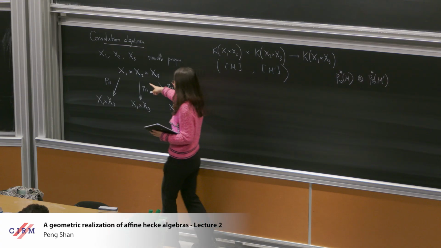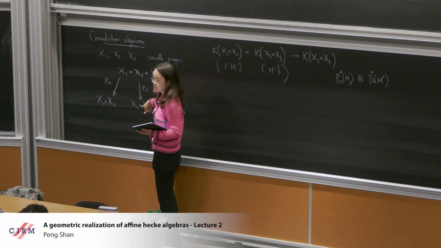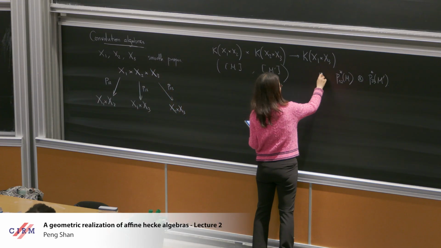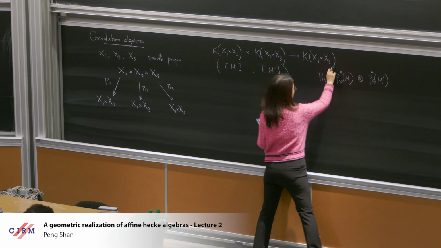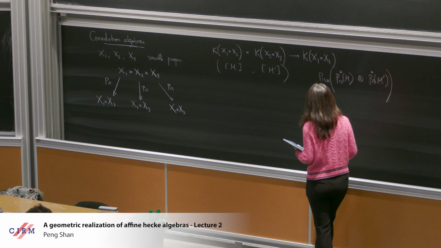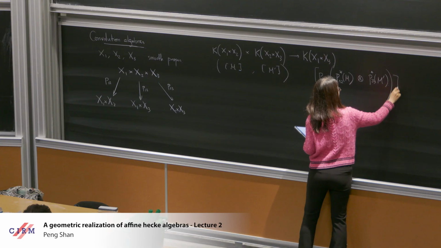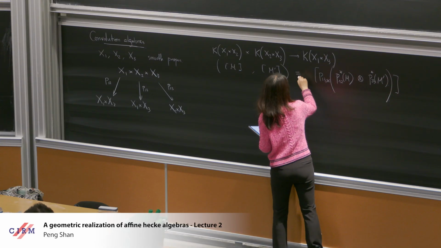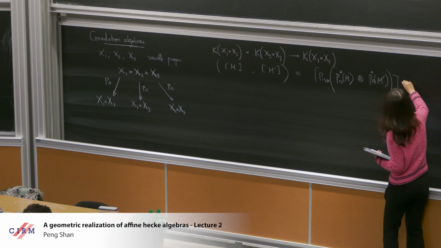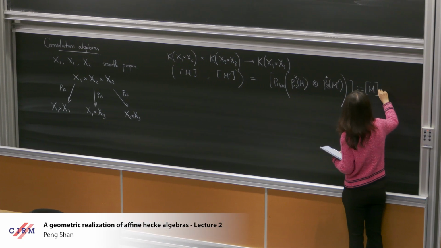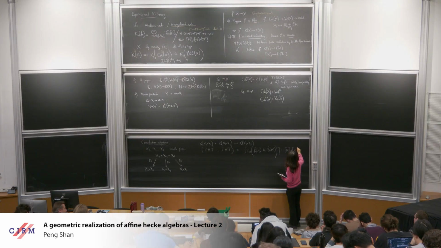And since X2 is proper, P13 is proper, so I can push forward. So I do P13 push forward of this, and this operation is well defined, so I take the class of this. This will be denoted as M convolve with M prime.